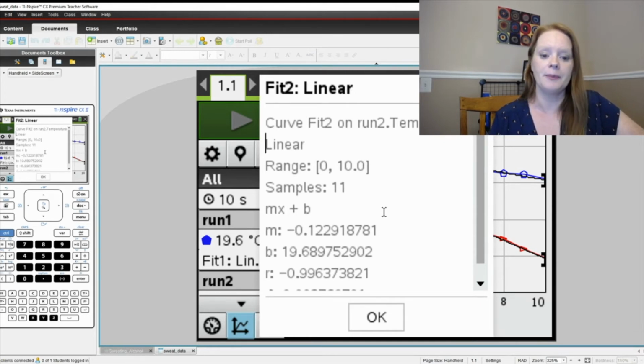And our b, our y-intercept, is around 20. It's 19.6. So we were very close to our starting temperatures, and we wanted to look at how much it decreased.